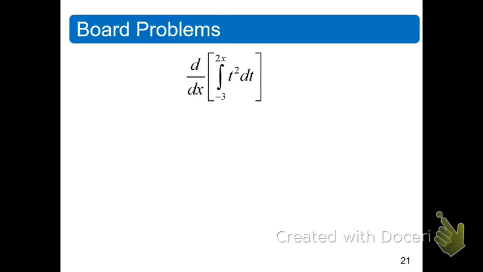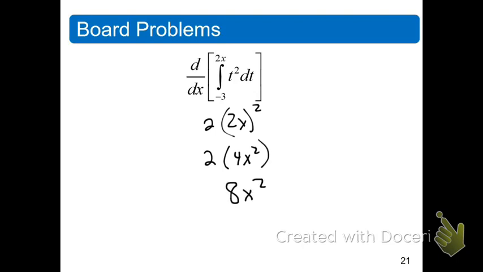We know that 2x squared, but then also you need to take the derivative of 2x, which is 2. So it's 2 times 4x squared, which gives me 8x squared. Okay?